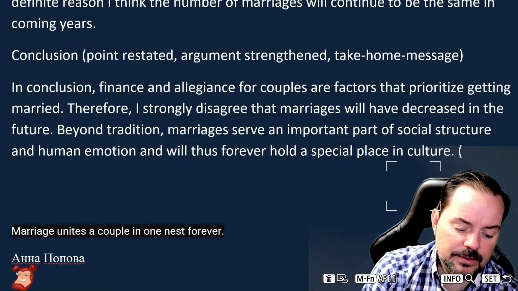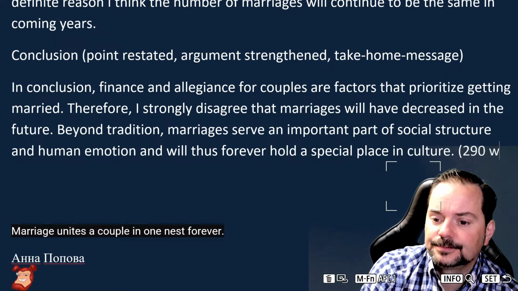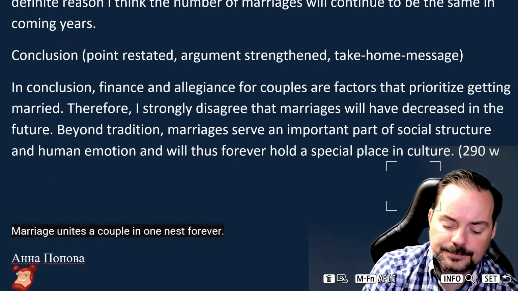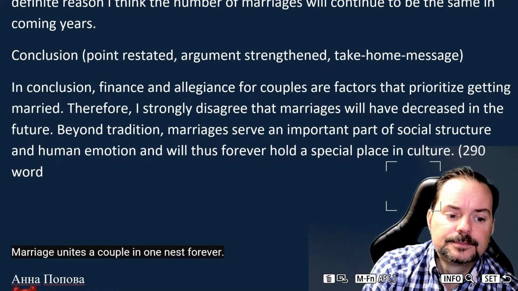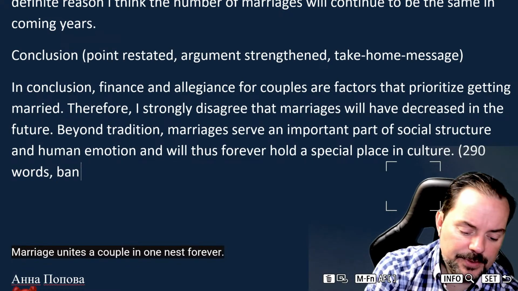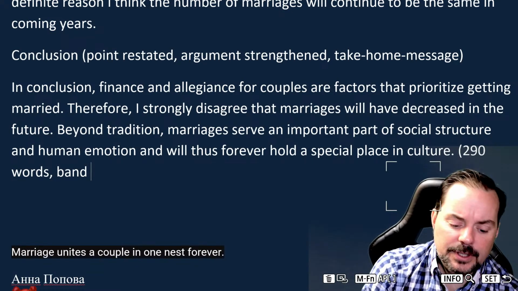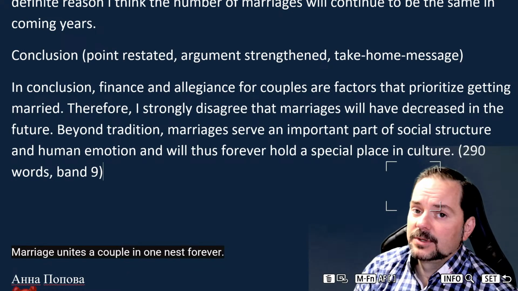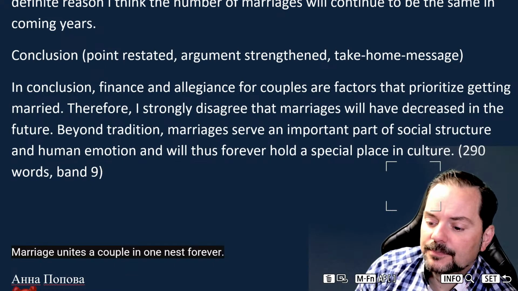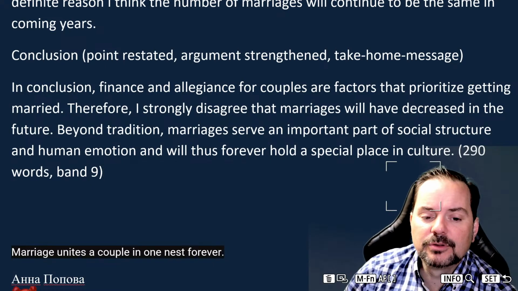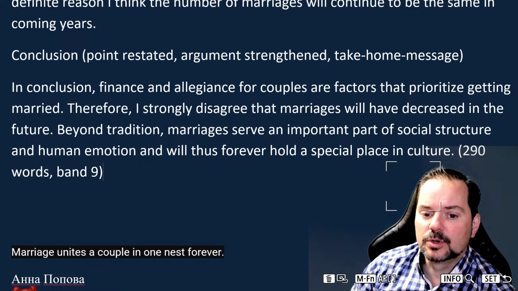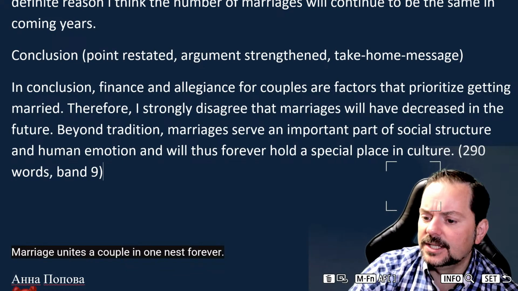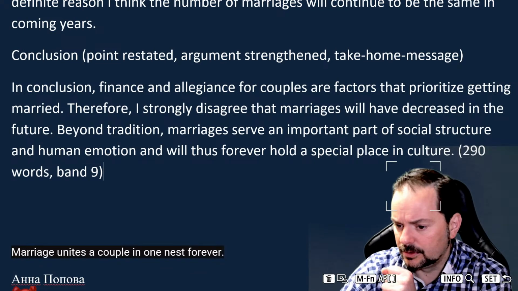So 290 words. Band 9. All right. And it really only took me about, I would say, 10 minutes to write it. And again, you don't have to obviously write that fast. You can take more time. But that's the idea. Let's see what you wrote.